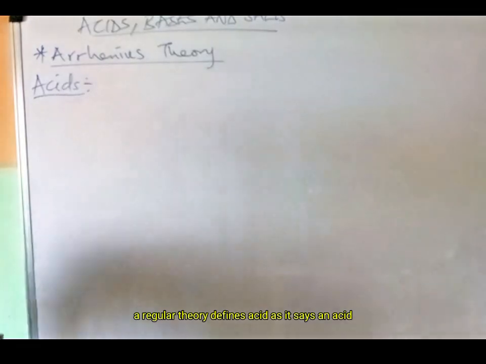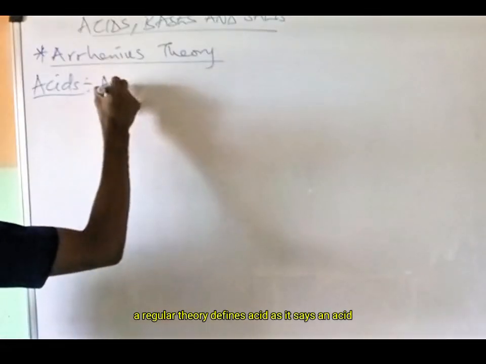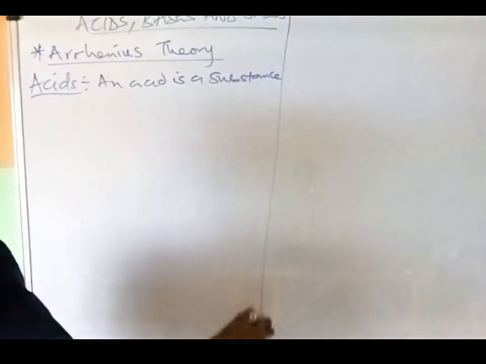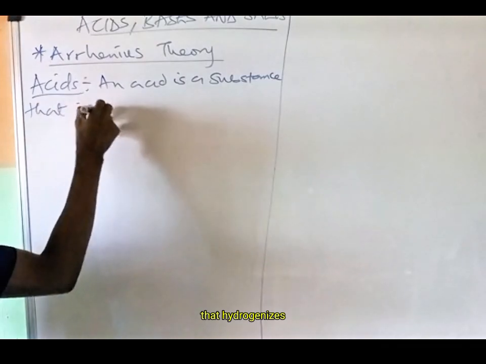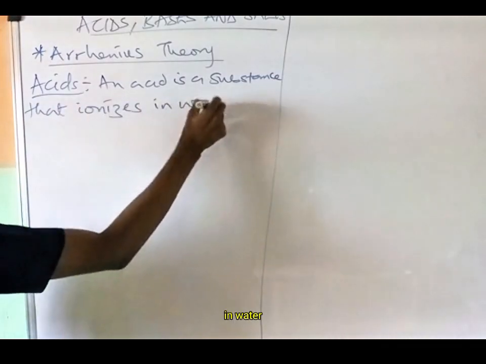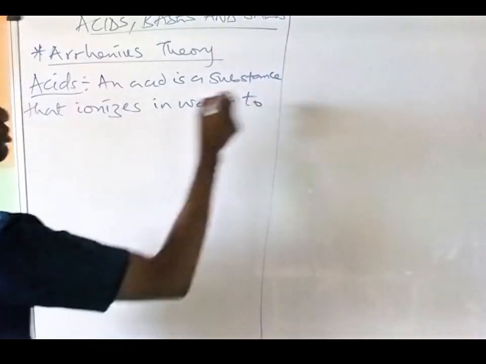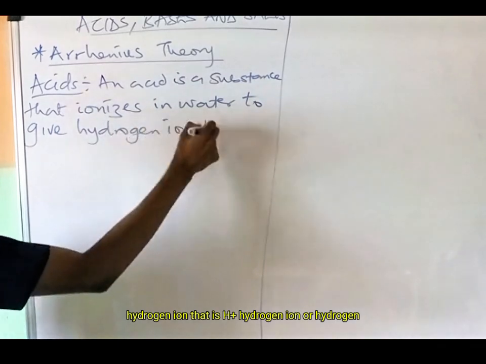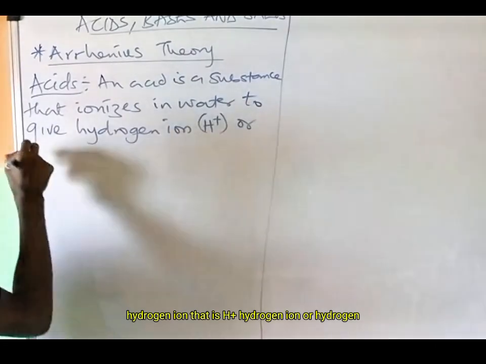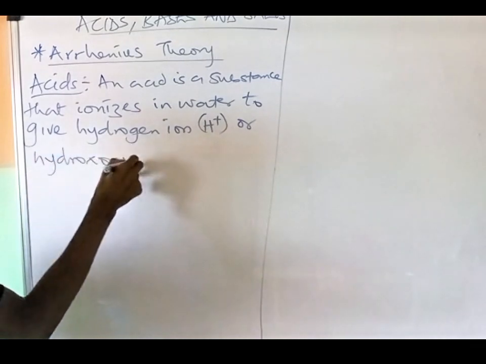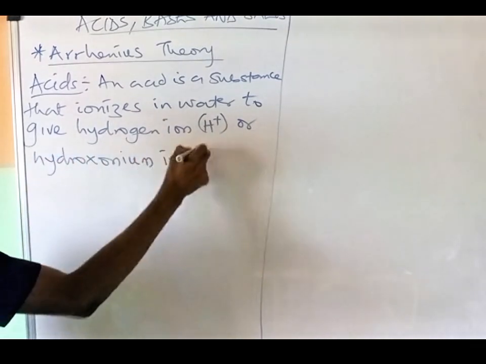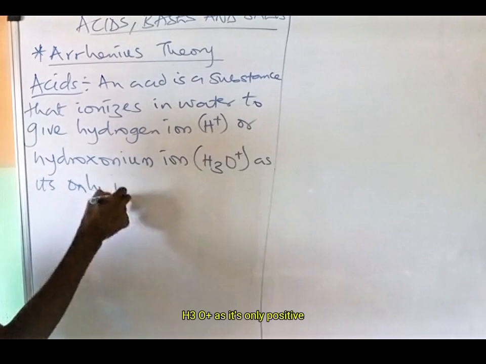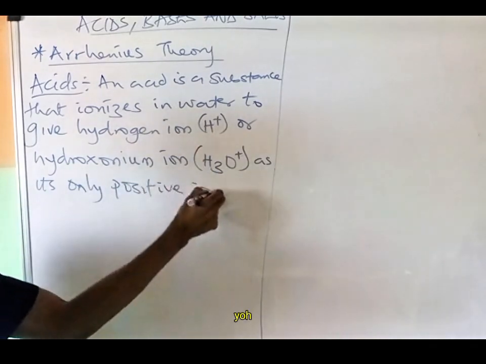Arrhenius theory defines an acid as a substance that ionizes in water to give hydrogen ion, that is H+, or hydronium ion, H3O+, as its only positive ion.